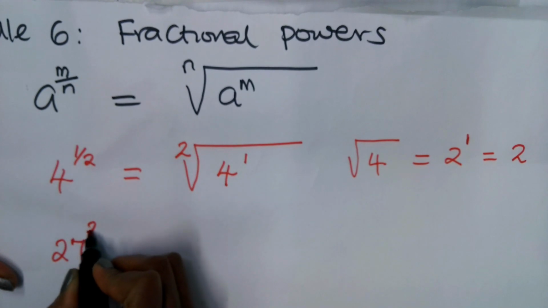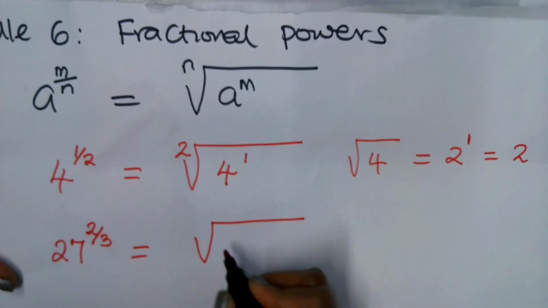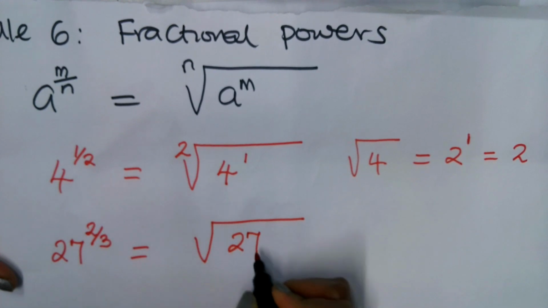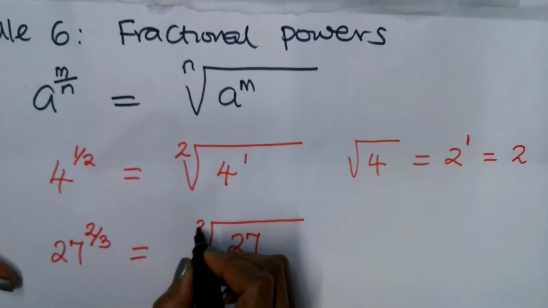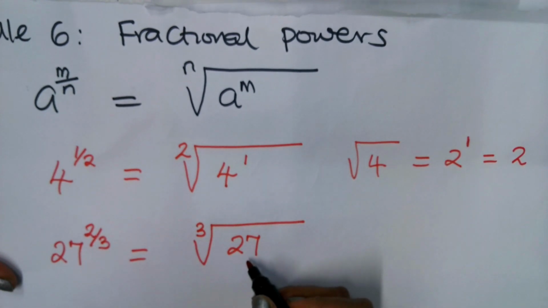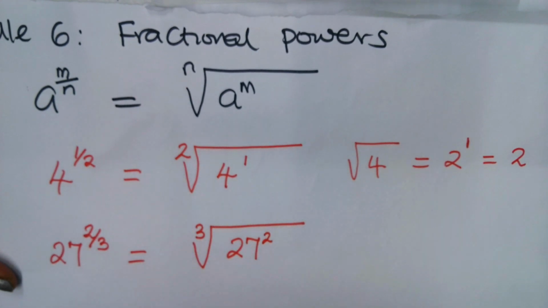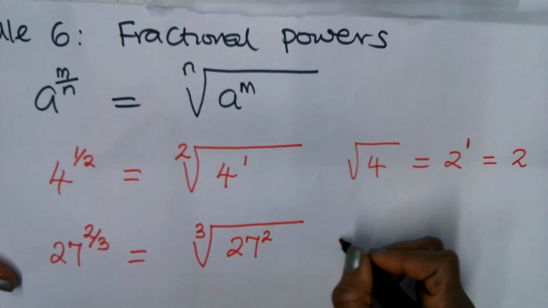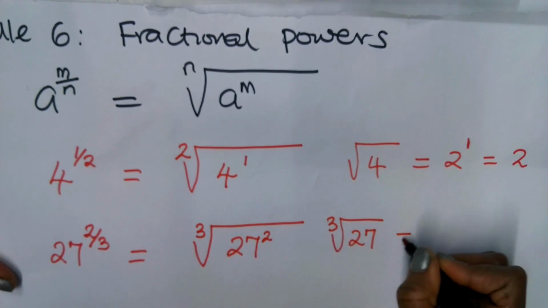27 all raised to the power of 2 over 3. 27 in here. The denominator becomes the root, so we're finding the cube root of 27. So when we found the cube root of 27, we square that answer. Okay? So we find the cube root of 27.